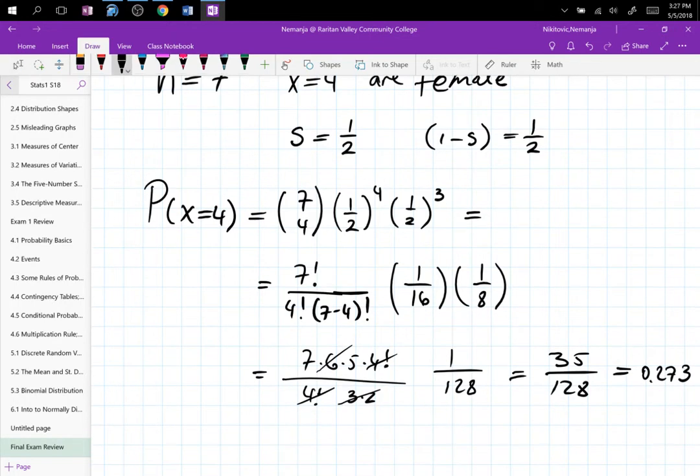So there is a 27.3% chance that exactly 4 are female furballs.